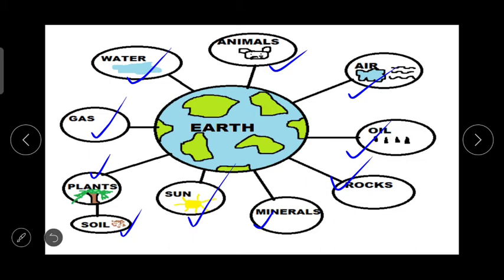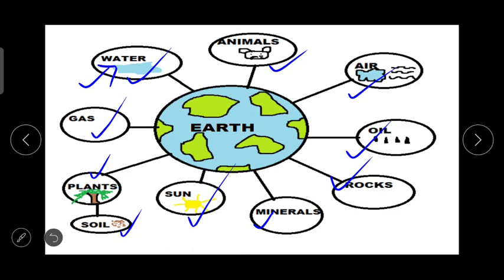For example, if we talk about water, then we are very much familiar with water. We can't imagine our life without water. But we do not necessarily use all of the things which are available on the earth.